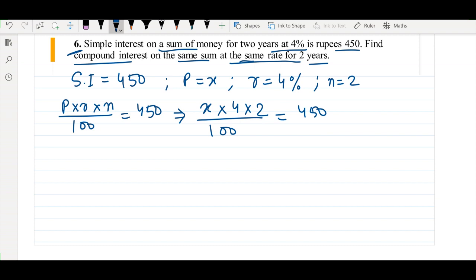So let's do the cross multiplication. Here we will get X is equal to 450 into 100 over 4 into 2.